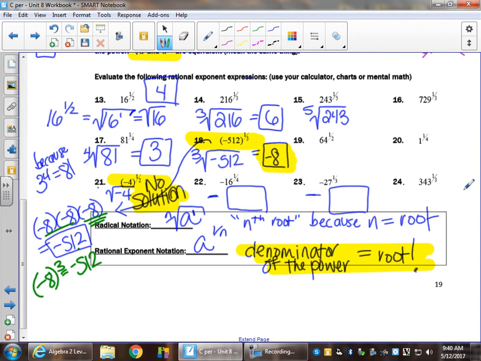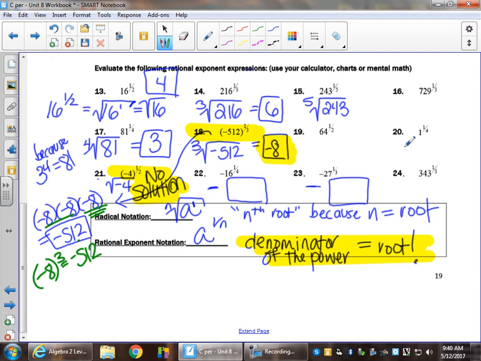And then we had some over here on the right side we said we would talk about. For those of us who were joining this for the first time right now, I can catch you up very quickly. Listen to what I'm about to say. When I have a fraction as an exponent, the denominator is the root. So right now, what fraction is in number 16?